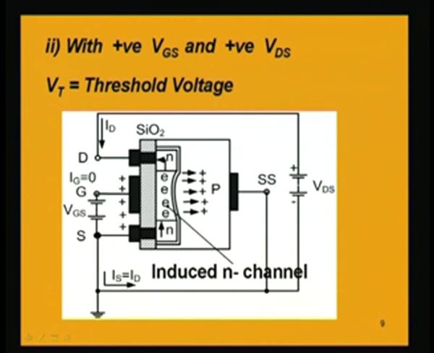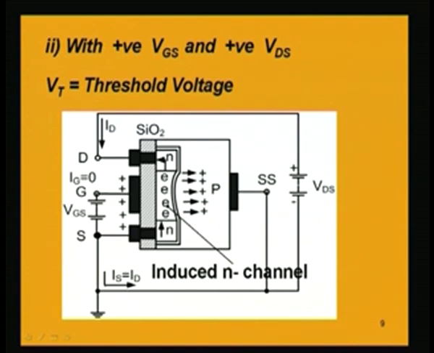So, between gate and source we have a positive potential, and similarly from drain to source we have this VDS that is also positive, and typically the substrate terminal is connected to the source terminal. Now, what happens?